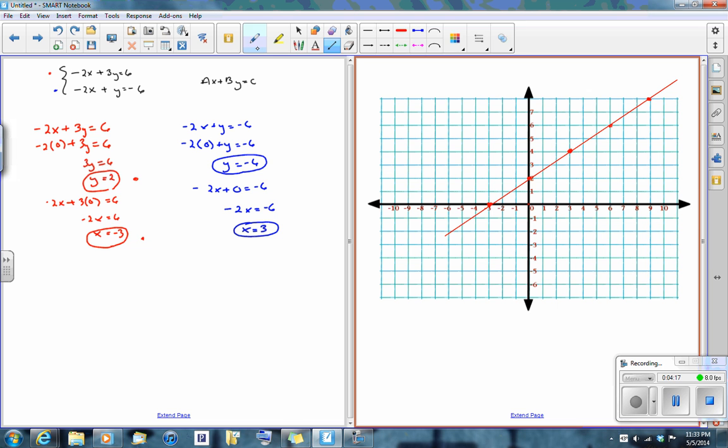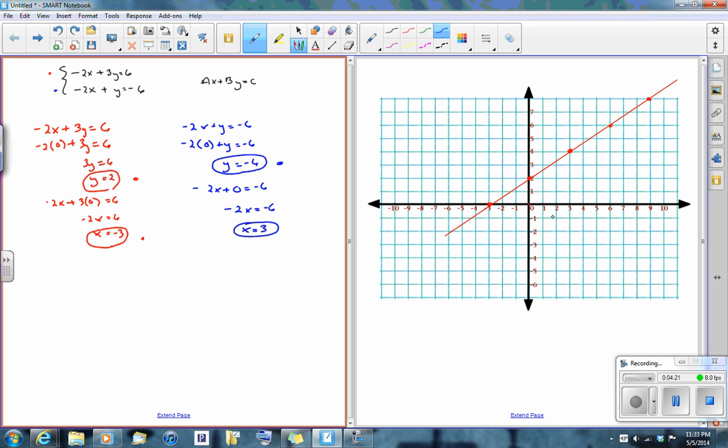And then we'll do the same thing for the blue. The y-intercept is negative 6, so on the y-axis we'll put a point at negative 6. And the x-intercept is 3. This one has a rise of 6 and a run of 3.